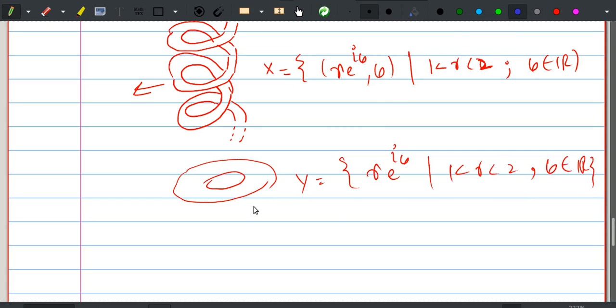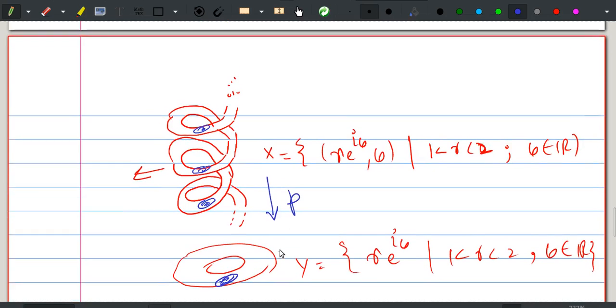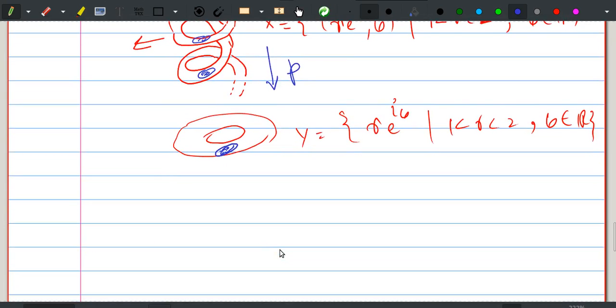Now if we consider a point here and take an open set around this point, this is our map P. Now the inverse image under this map P is an open set here, an open set here, an open set here, and so on. So this serves as a covering space of this space Y here.